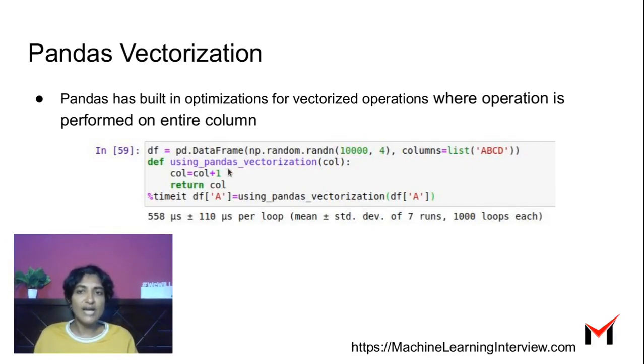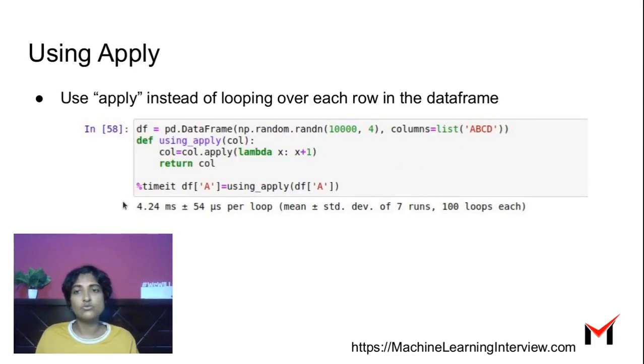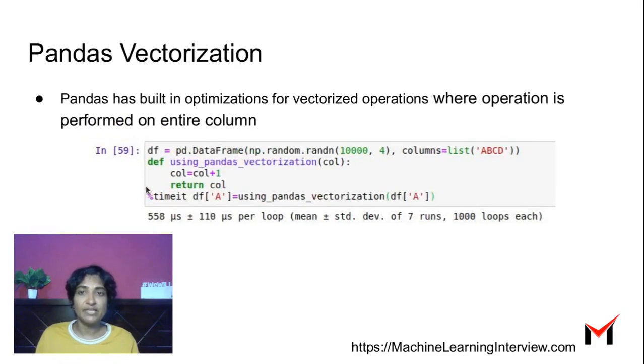Since we just want to add 1, we can actually pass the column of the data frame to this function now and just do column equals column plus 1 instead of doing apply or iterating over the rows and so on. And turns out this is much more efficient. So it takes only 558 microseconds as opposed to 4.24 milliseconds, which is almost like an 8 to 10x speedup.